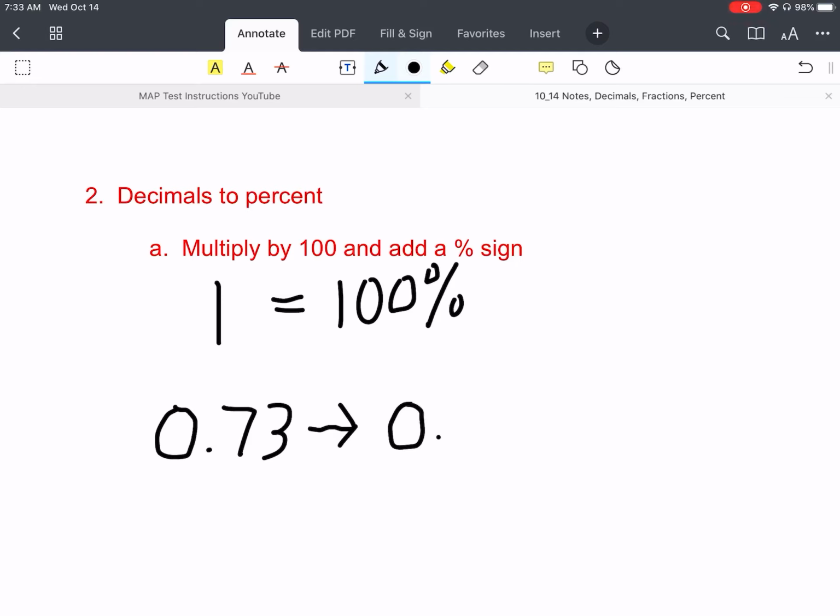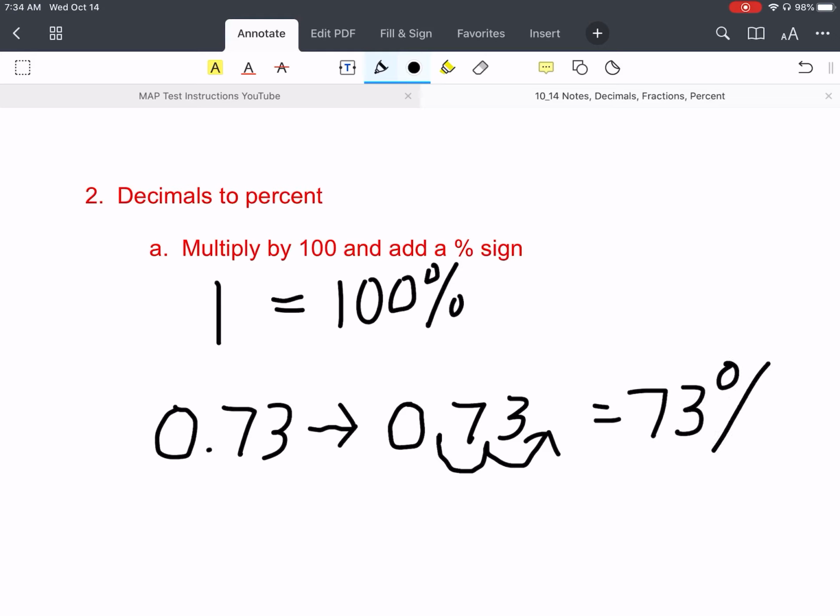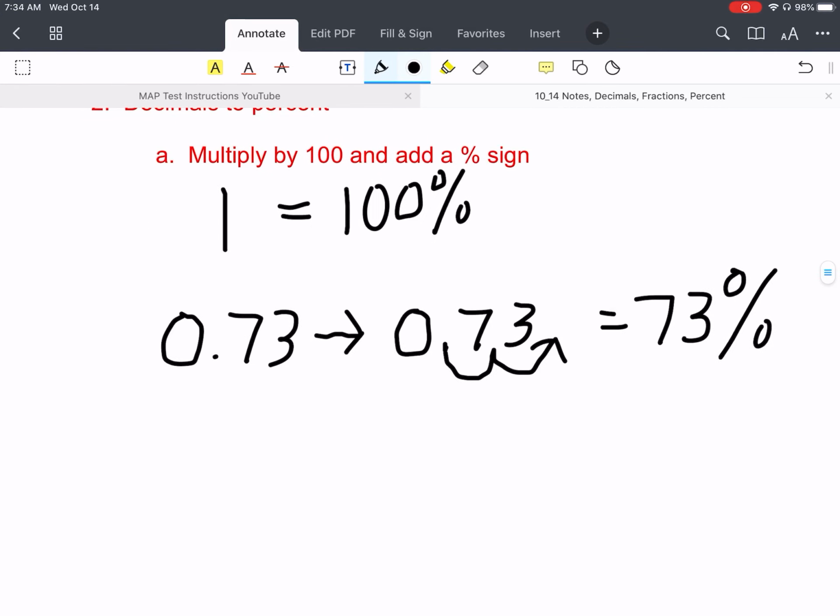So if I have this again, if I move the decimal point 2 spots to the right, then I will have my percentage. And I just need to add a percentage sign. That can work like this.